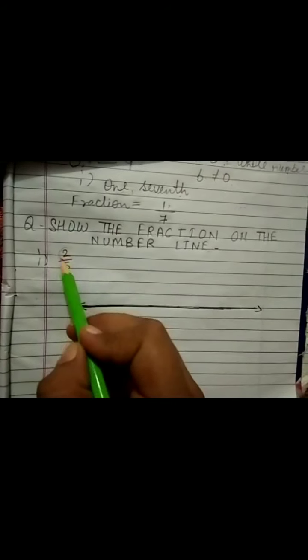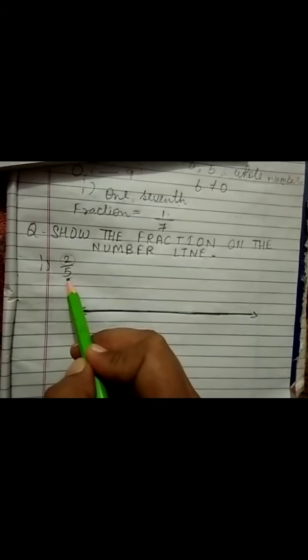The next question is to show the fraction on the number line. There is a fraction given in the question. Suppose you have 2/5. It means you have to consider 2 parts out of 5 parts.